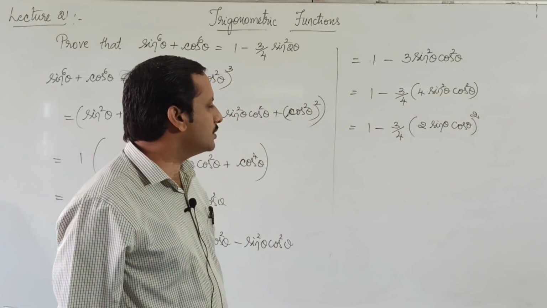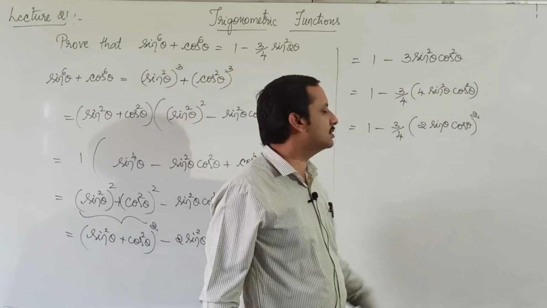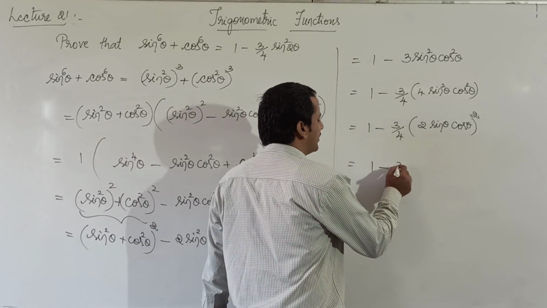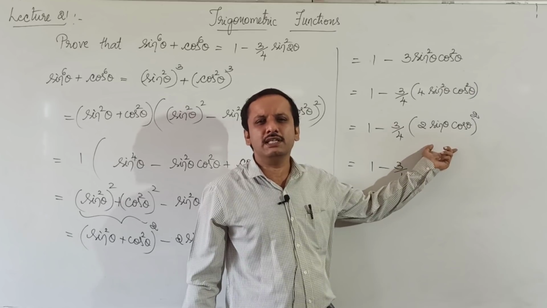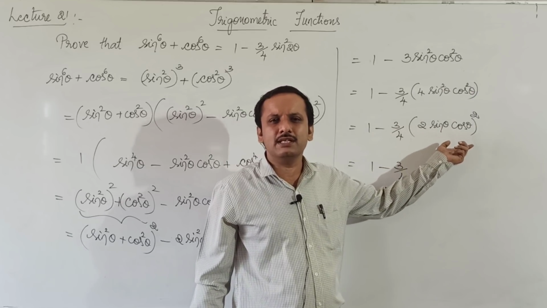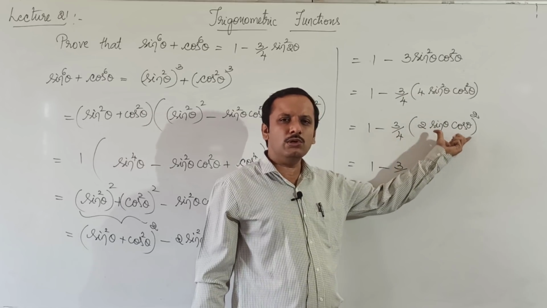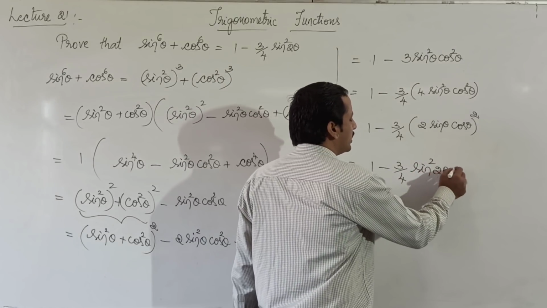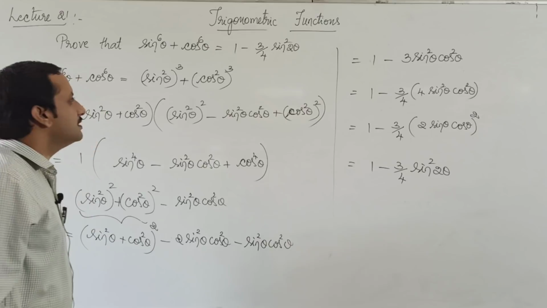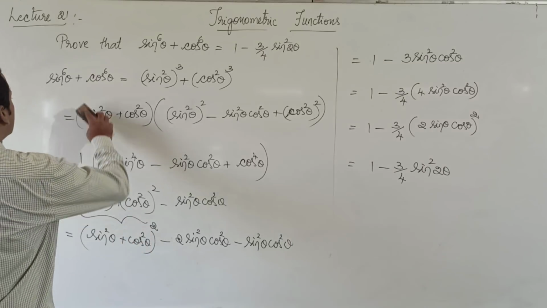So 4 sin square theta cos square theta, we can write it as 2 sin theta cos theta whole square. That's equal to 1 minus 3 by 4 into, what is 2 sin theta cos theta? 2 sin theta cos theta is equal to sin 2 theta. It's like 2 sin a cos a is equal to sin 2a, right? So this is sin 2 theta whole square, so it will become sin square 2 theta. So 1 minus 3 by 4 sin square 2 theta.